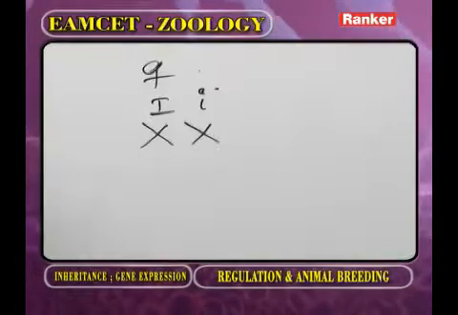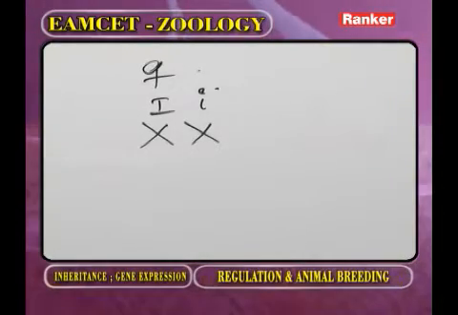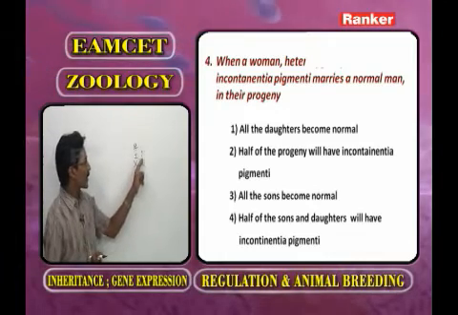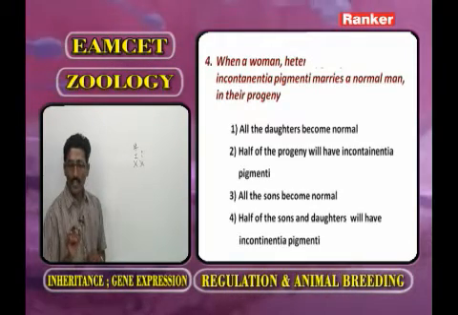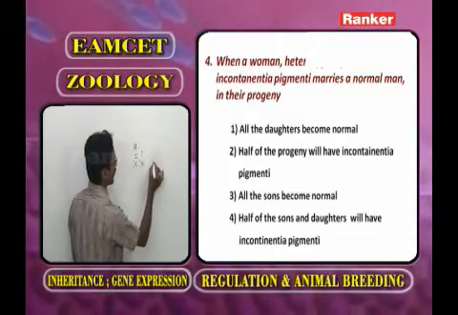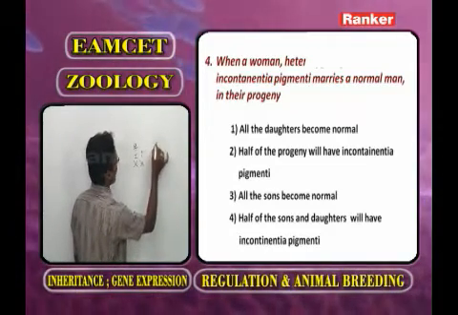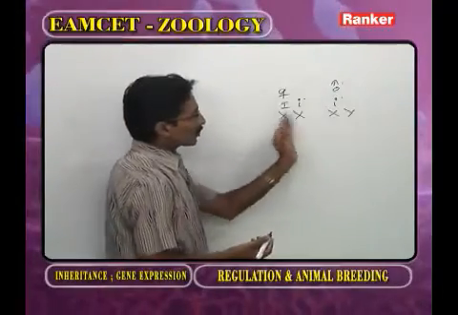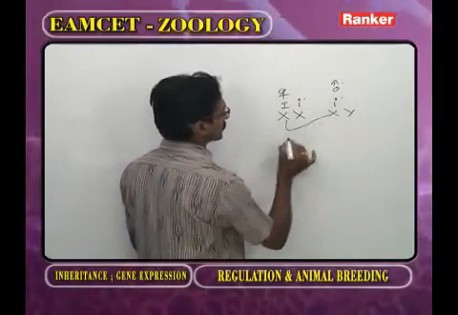Capital I, small I. Because here we are asking about a woman heterozygous for incontinentia pigmenti, who now marries a normal man. The man has no incontinentia pigmenti, normal. Small I. Now we go for the cross.